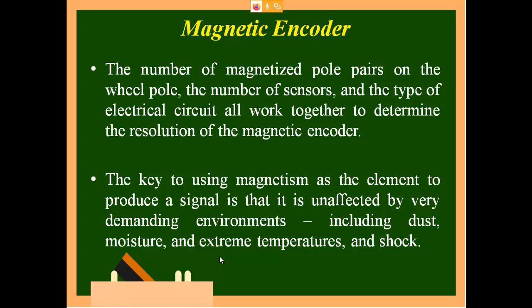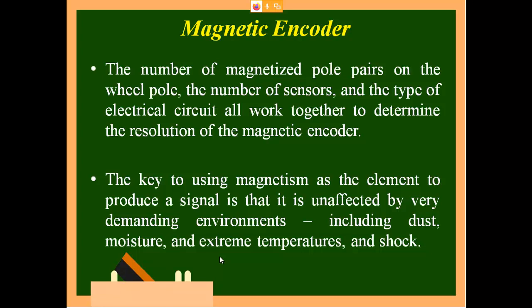The key to using a magnet as an element to produce signal is that it is unaffected by very demanding environments, including dust. See, last class we saw optical encoders. In an optical encoder, when you operate the entire setup in a dusty environment, there is a chance for dust to come and sit in the holes through which we said light will pass.